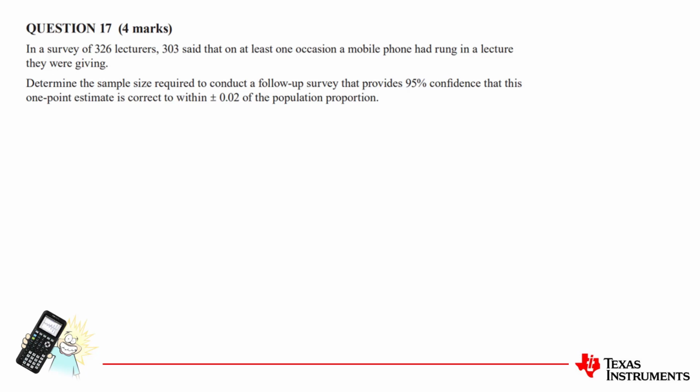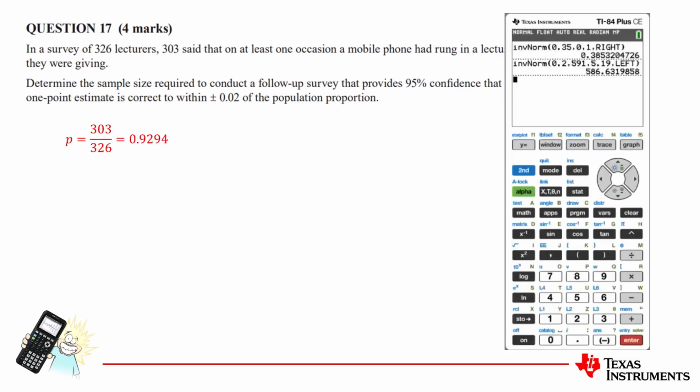So in this case, first thing I want to find is my sample proportion. That's going to be 303 over 326, which is 0.9294. I've also got down here more information given in the question: because we're looking at the 95% confidence interval, my Z equals plus or minus 1.96.